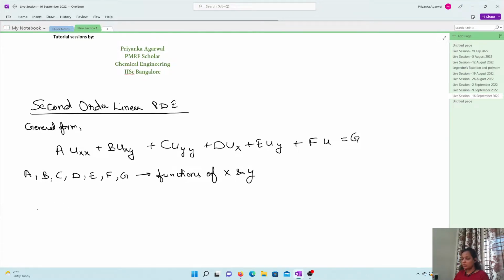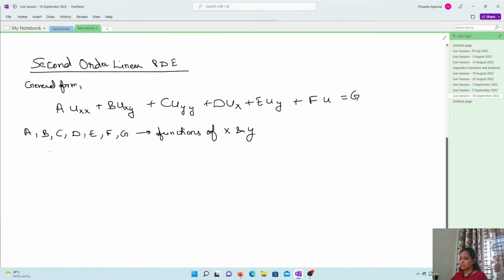So now we can classify these equations into three types, either as hyperbolic, parabolic or elliptic.